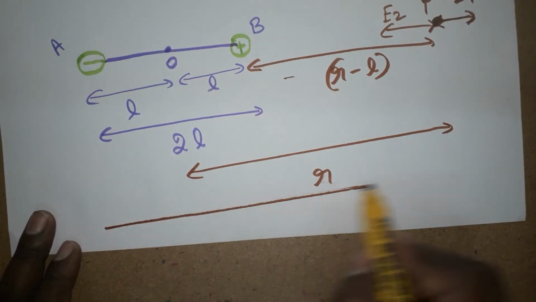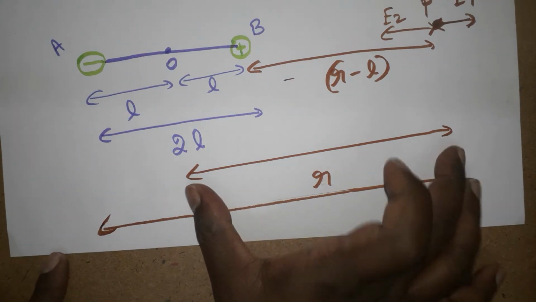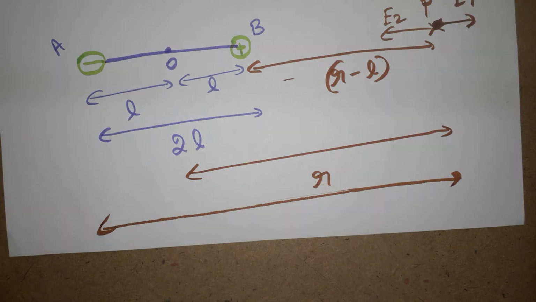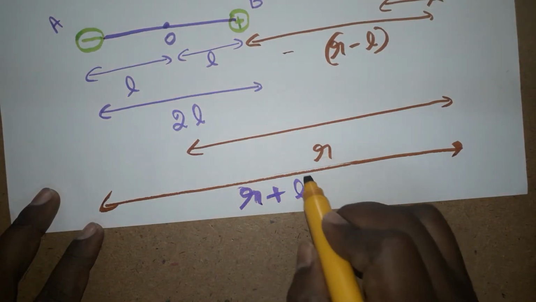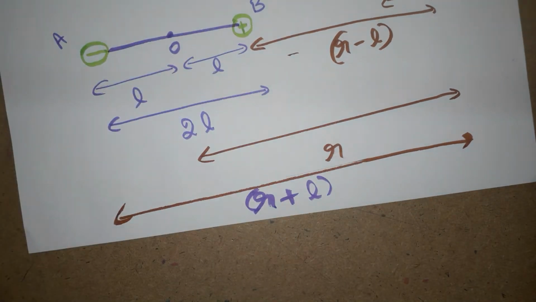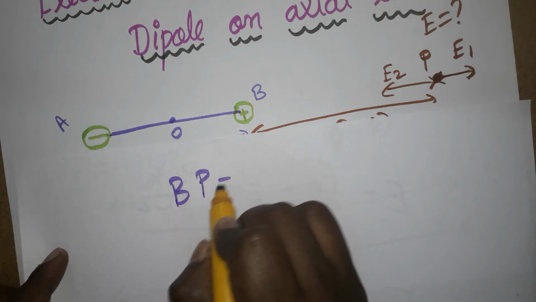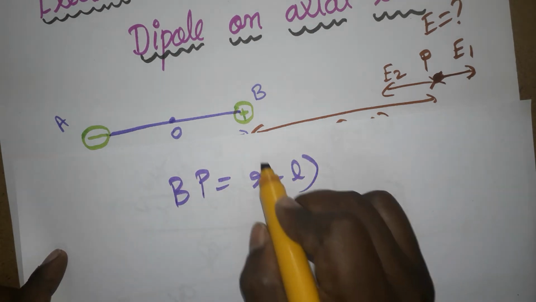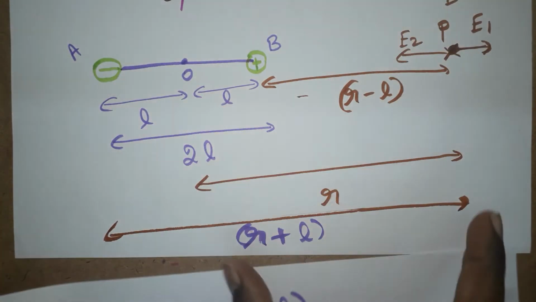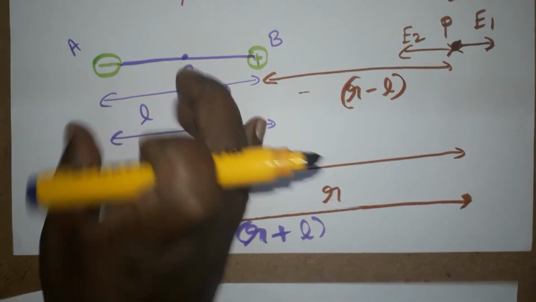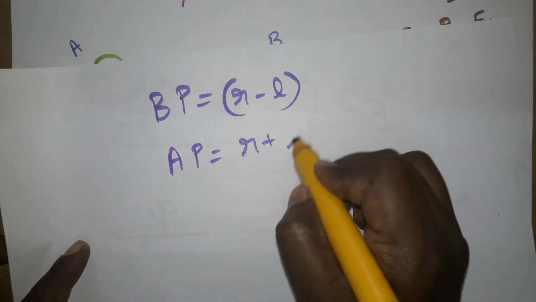From here to here, this is R, this is L, so we get the AP distance as R plus L. Let me repeat again: the BP distance is R minus L, and the AP distance is R plus L.